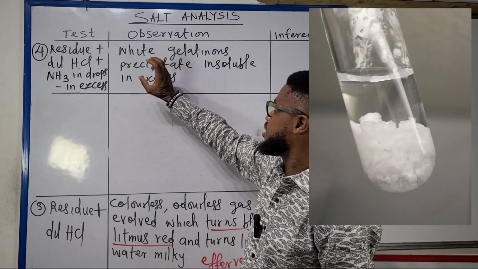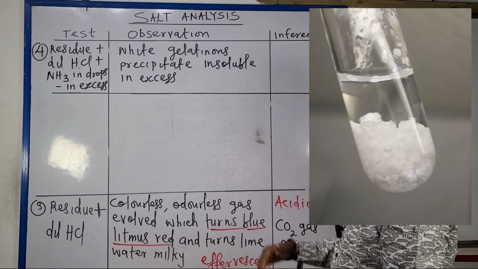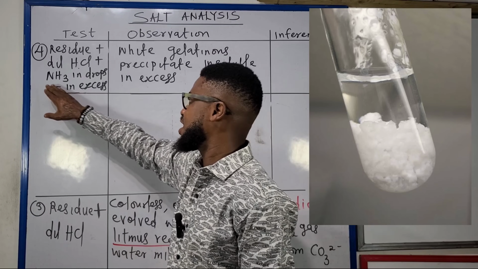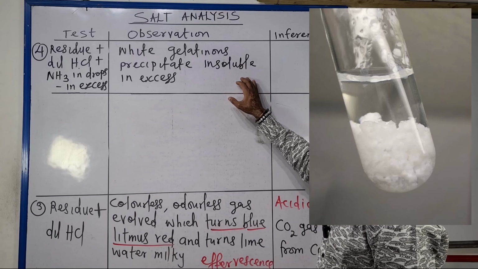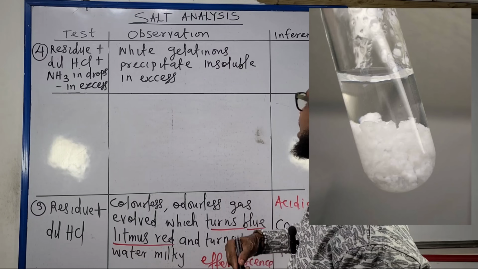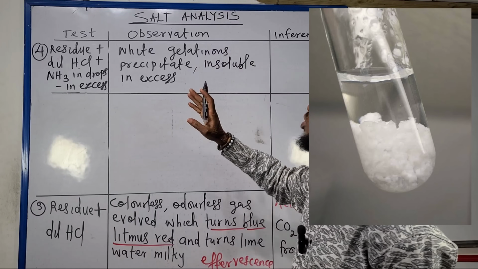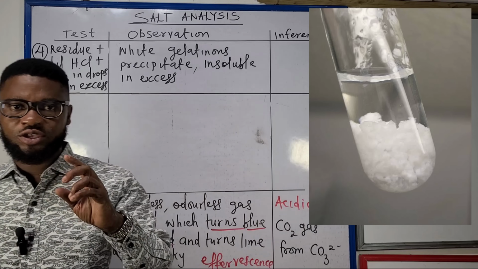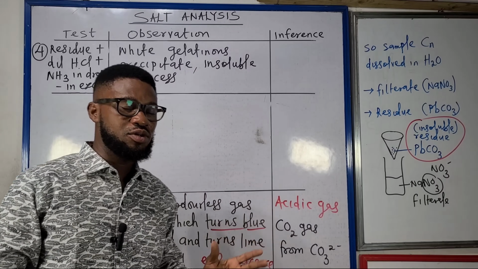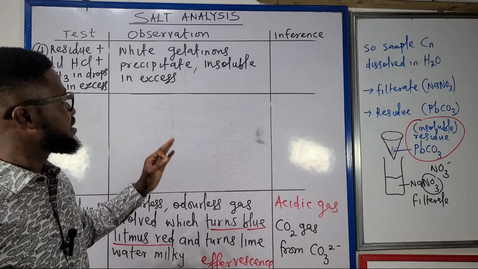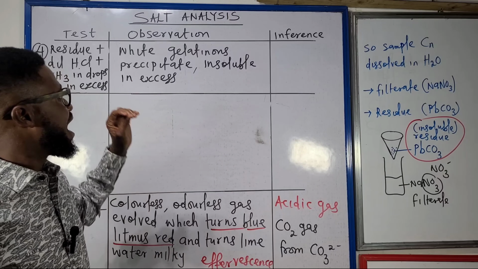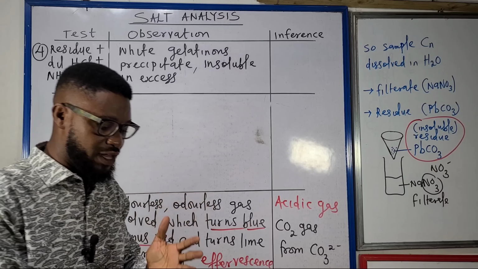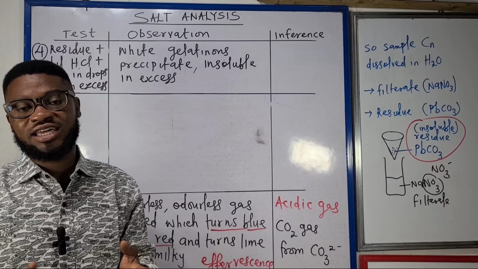Look and see, the observation here is going to be a white gelatinous precipitate, which when we add excess ammonia is not going to dissolve. It is insoluble. White gelatinous precipitate, insoluble in excess. So in this regard, if we were using sodium hydroxide, for example, we are going to have a white precipitate, and that particular precipitate will be insoluble in the case of lead, in the case of aluminum, and in the case of zinc.